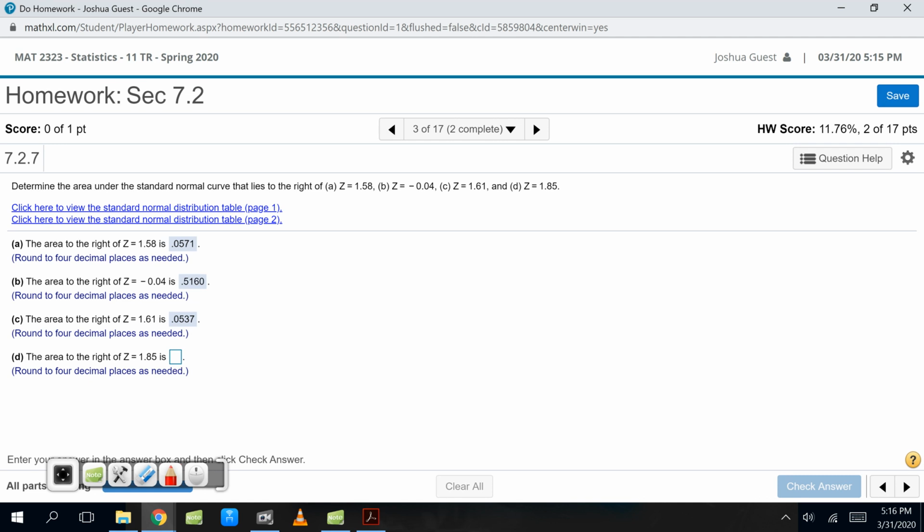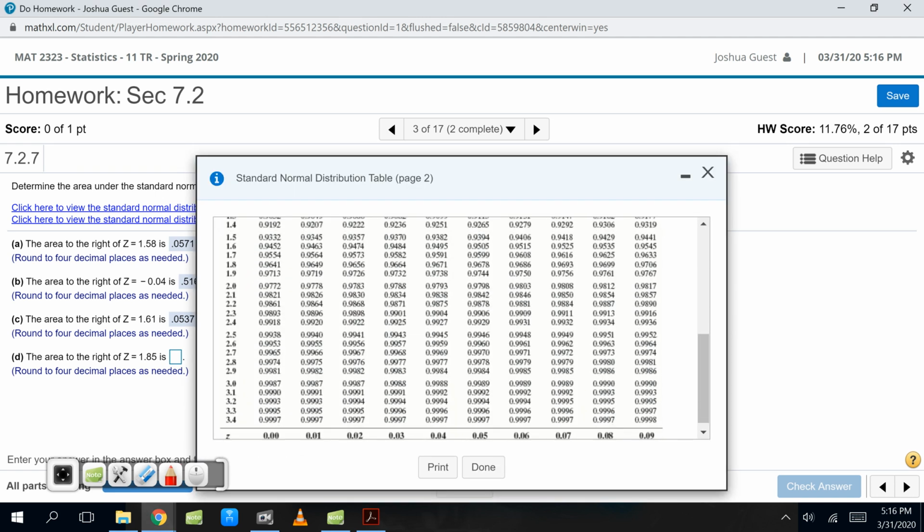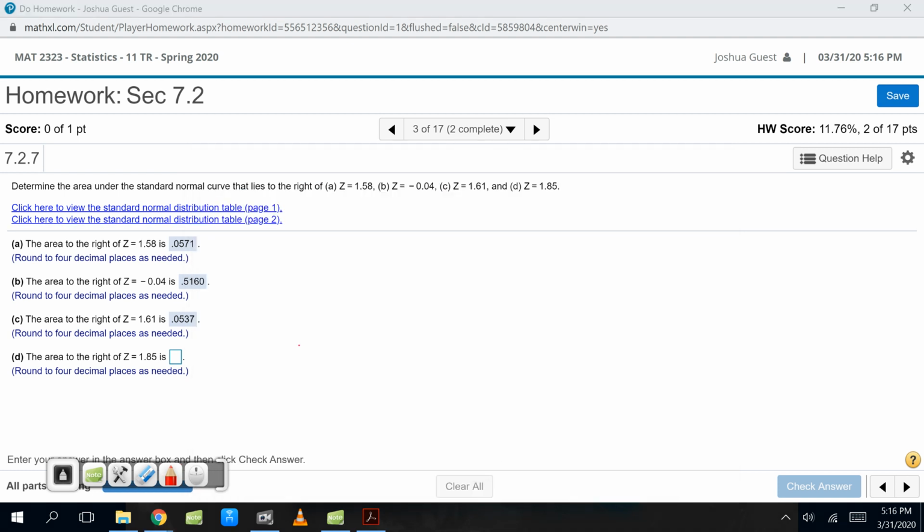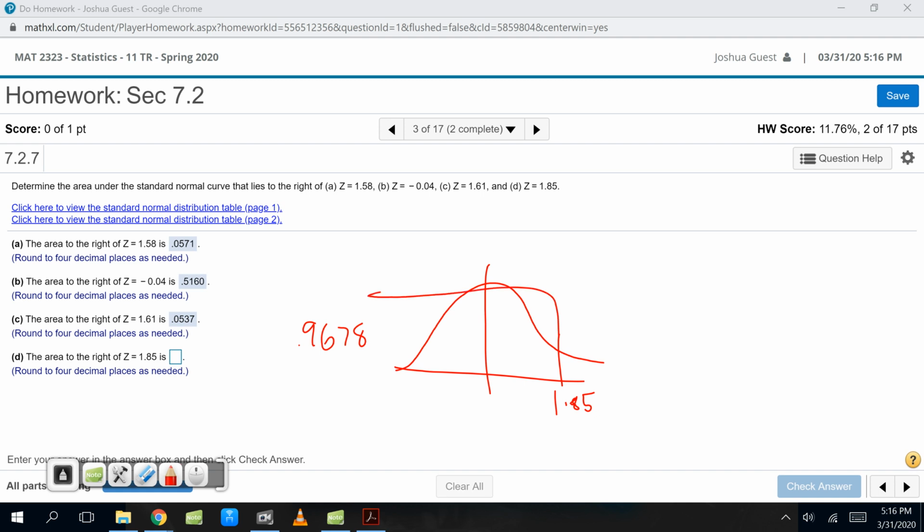And then to the right of 1.85, again, we need the positives. We need to find that, and then we're going to have to do the complement rule. 1.80, 1, 2, 3, 4, 5. So 0.9678. If we have our normal curve right here at 1.85, everything over here is that.